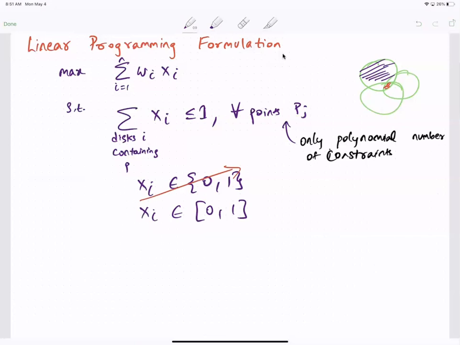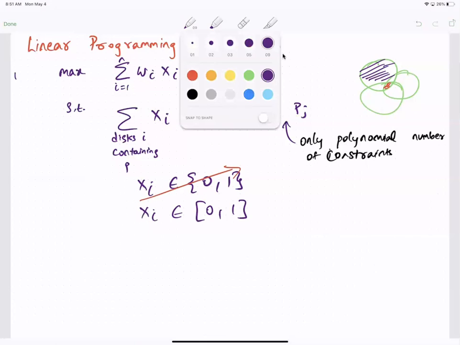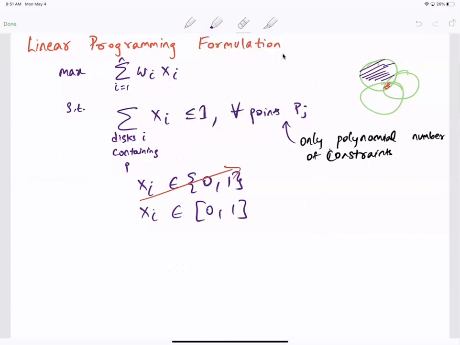Now let's call the value returned by this linear programming formulation opt of LP. The claim is that opt of LP will be greater than or equal to opt.